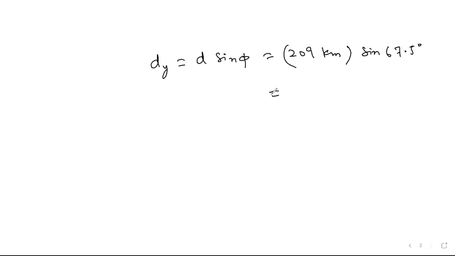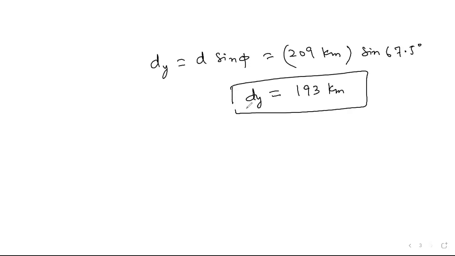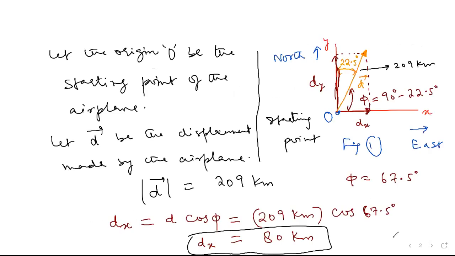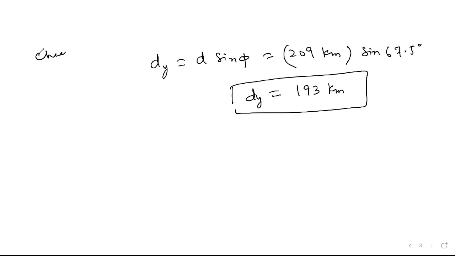When you solve it, it turns out to be 193 kilometers. 209 kilometers times sine of 67.5 degrees, which is 193 kilometers. So as always, check the calculation at home.